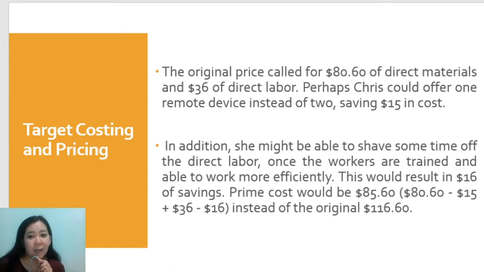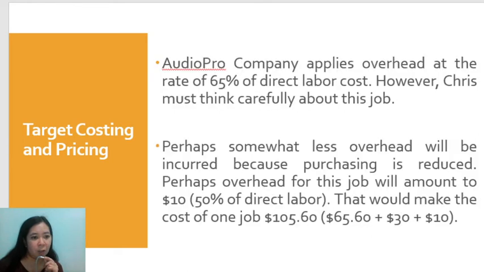So here the prime cost will be $85.60, the sum of direct materials and direct labor. Compare that to the original 116.60. This is their option to lower the cost and also lower their price. Their target, of course, is to at least level their pricing with that of their competitors.